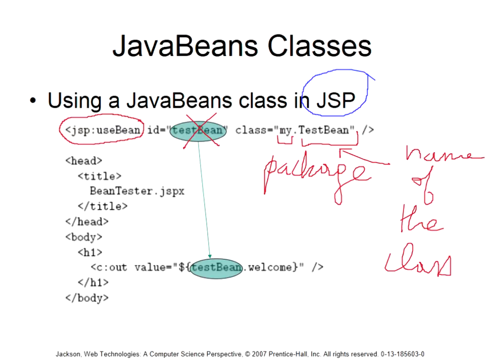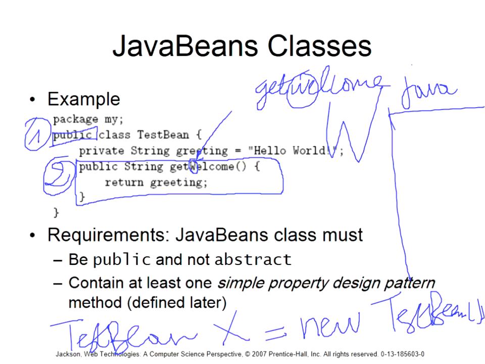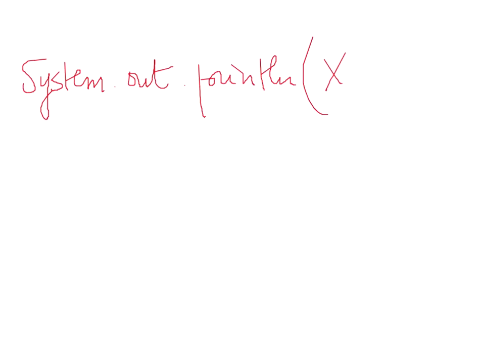Is it clear? Okay. Now I want to display greeting with X. So in Java, to display the value of greeting, I will write what? System.out.println(x.what?